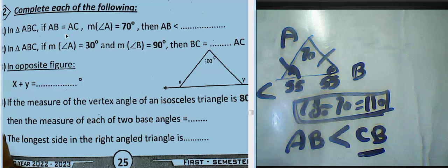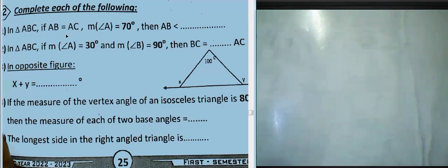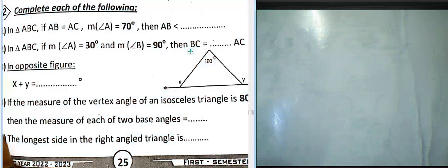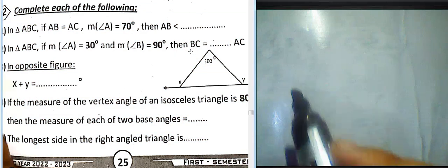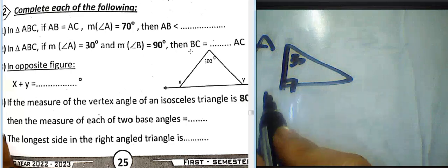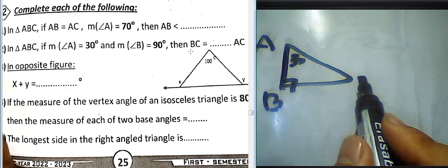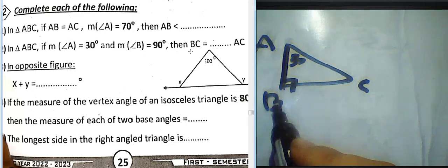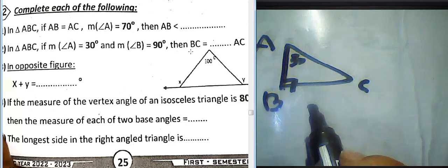Question number 2: in triangle ABC, if the measure of angle A is 30 degrees and the measure of angle B is 90 degrees, and BC equals space AC, we have a right angle triangle here. He asked about BC and AC.